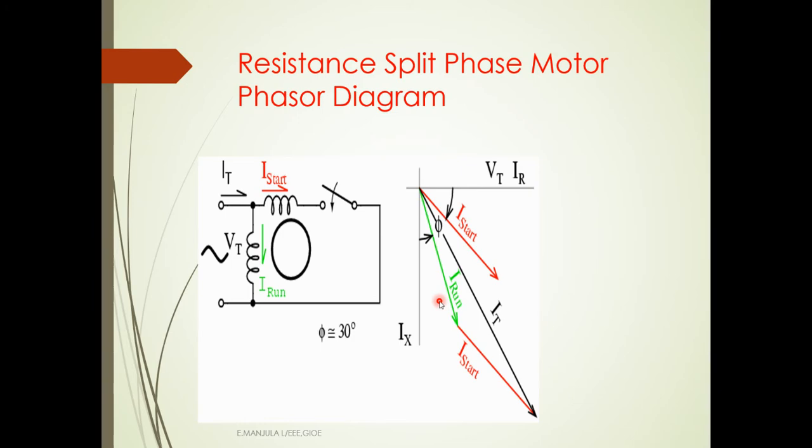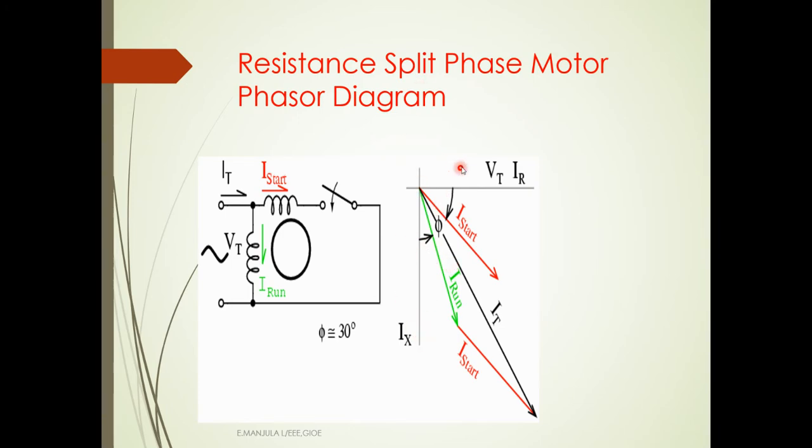So according to that, I start will be near the V component, the voltage, and I run will be much further away because the reactance component is more. The summation of these two is IT, and this is the angle phi.